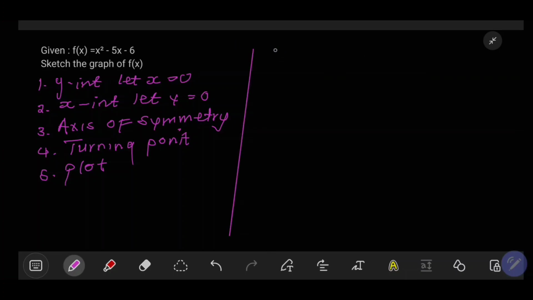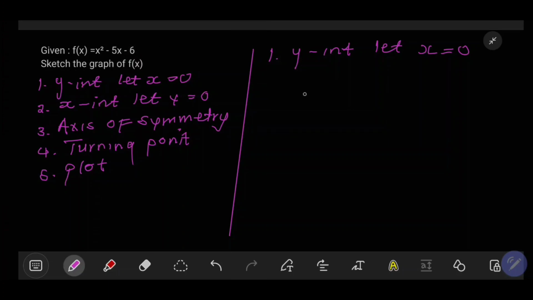Now we can try to sketch this graph by following this procedure. The first thing that we have to do is to find the y-intercept by letting our x value be equal to 0. Remember, we said the c value plays a role in this case to be the y-intercept. So without any calculations, we can see that our y-intercept will be negative 6.